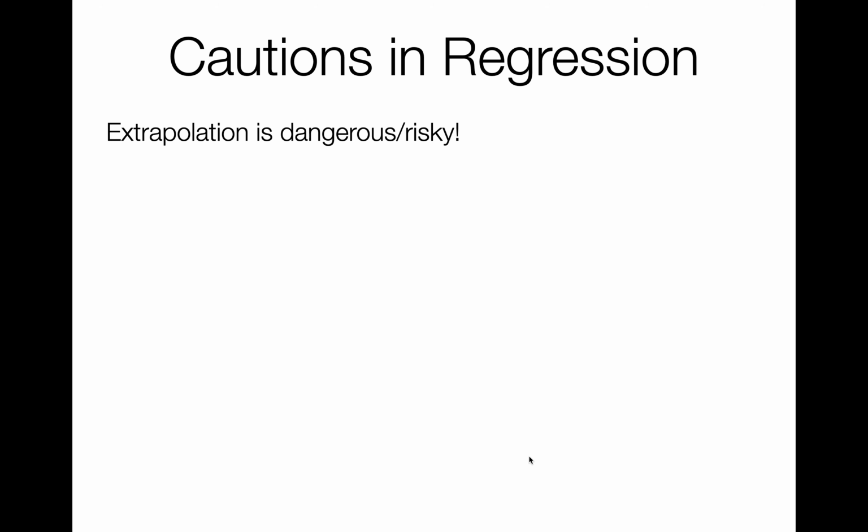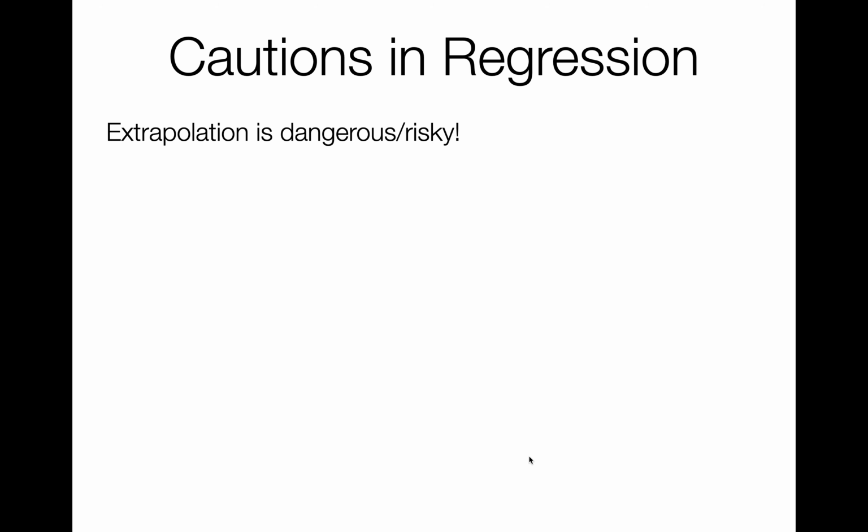Back to our city versus highway miles per gallon example. If I predicted something with 30 city miles per gallon and got, I don't know, 40 highway miles per gallon, that makes sense. But it wouldn't make sense to say for a car that got 1,500 city miles per gallon, I'm going to expect that the car gets 5,000 highway miles per gallon.